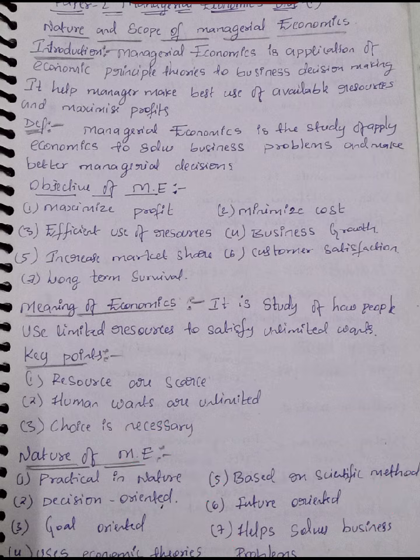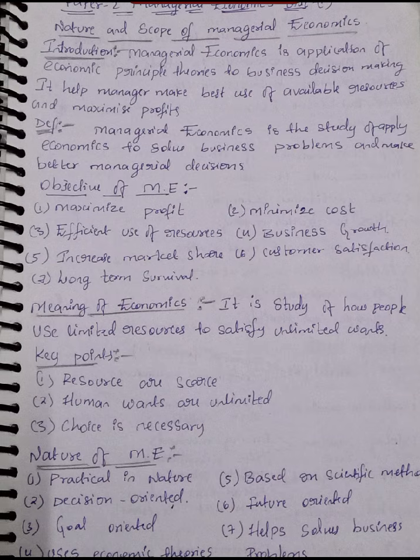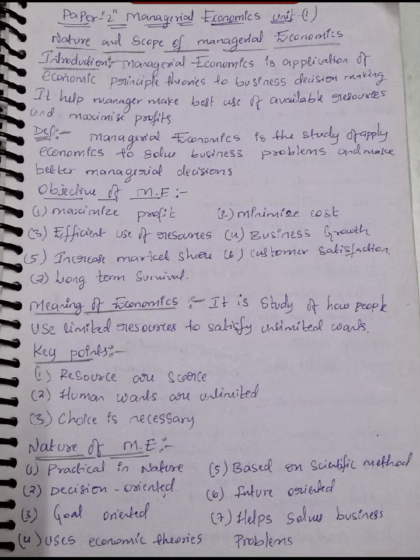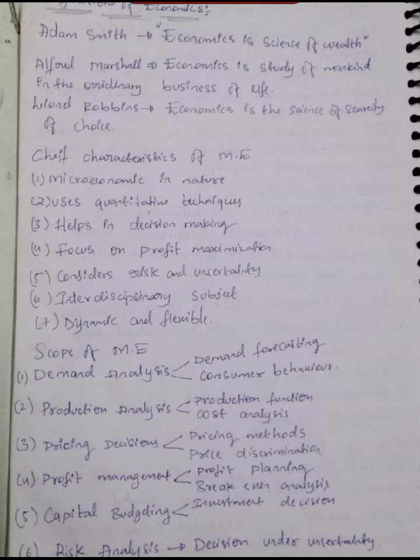I hope you understood this. In paper 2, managerial economics, unit 1, nature and scope of managerial economics, we have discussed the introduction, objectives of managerial economics, meaning of economics, key points, and nature of managerial economics. Now coming to definitions of economics.